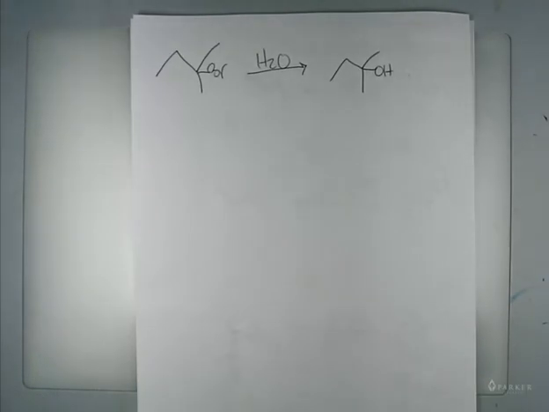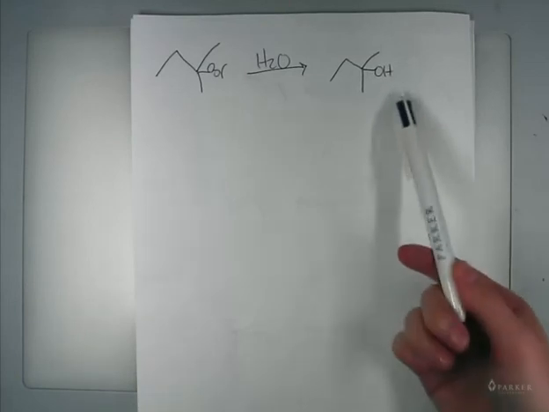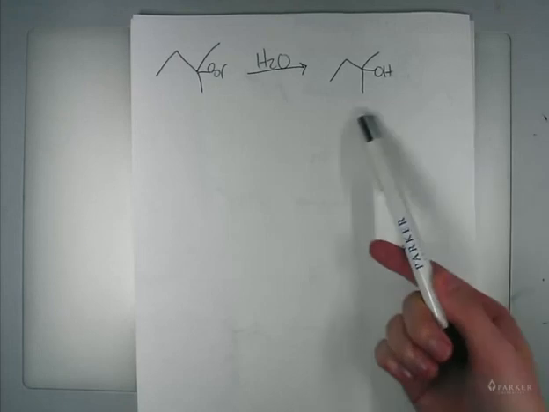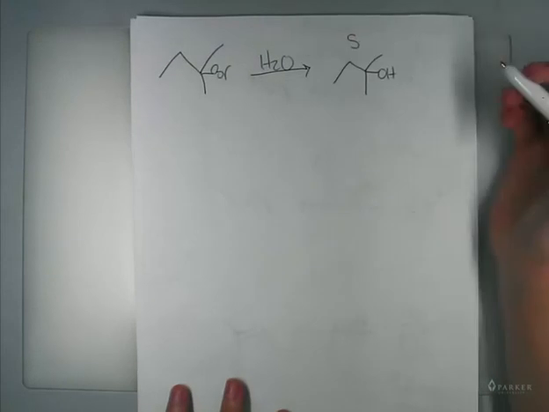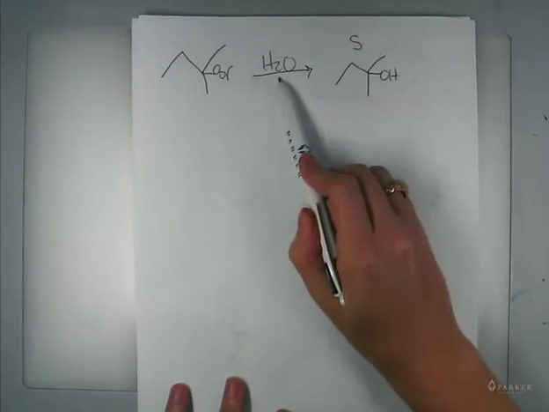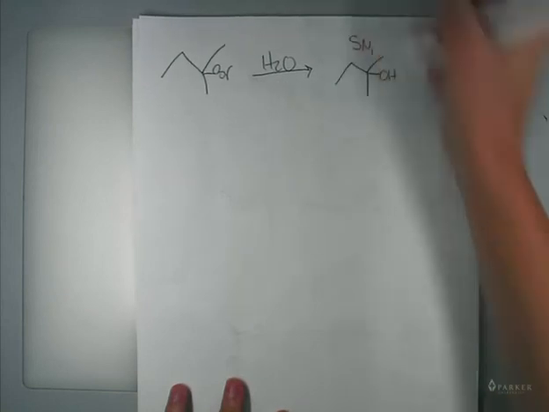Okay, what will this be? Do I form a double bond in the product? No, so I know it's an S or an E. So I know it's an S. And then what is this? Neutral, so it's which S? 1.